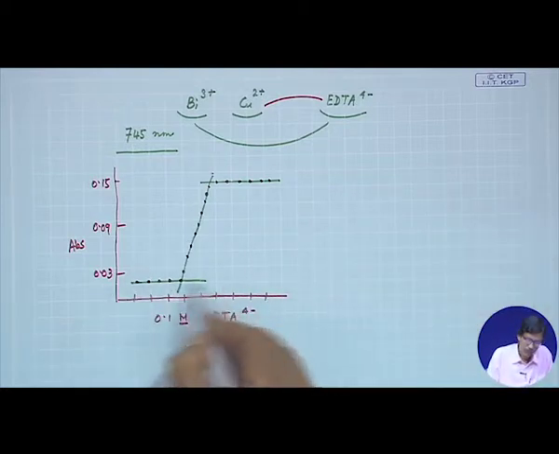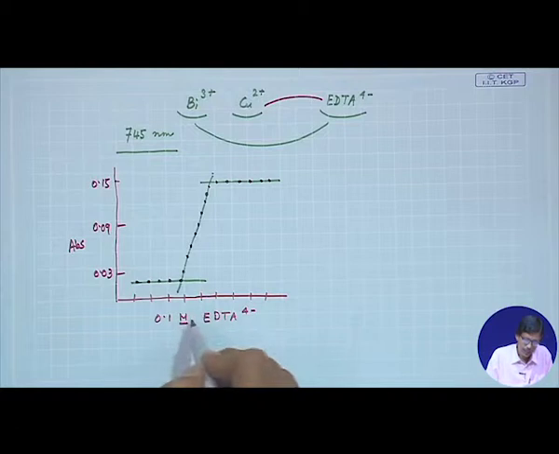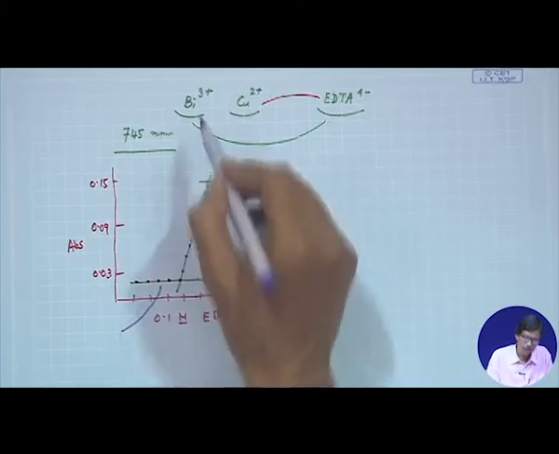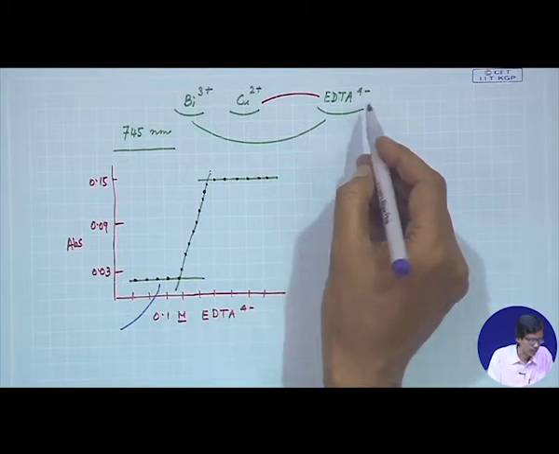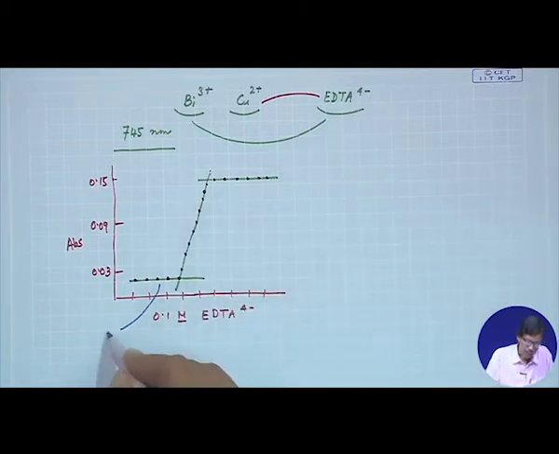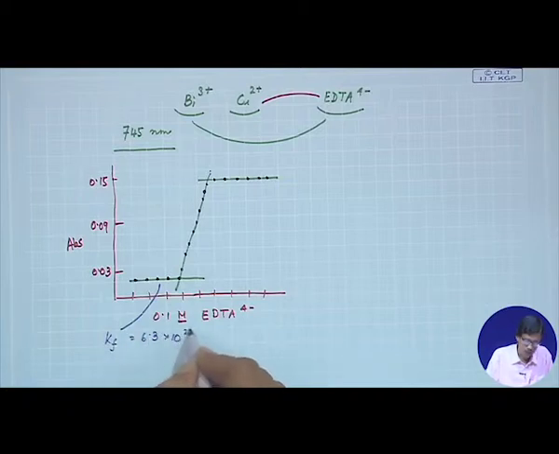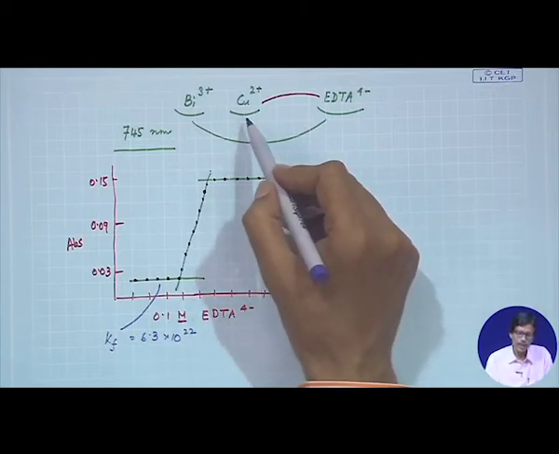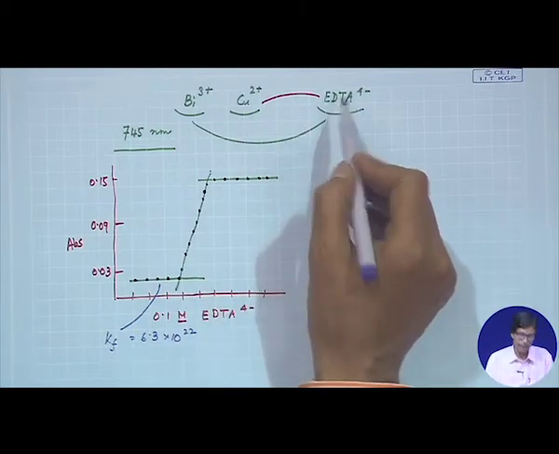So, how can we explain this particular plot? In this range, the 0.1 molar EDTA has been added up to this much volume. In this case your bismuth is complexing with your EDTA with a formation constant of, say, 6.3 times 10 to the power 22, which is higher than the corresponding Kf value for copper EDTA.